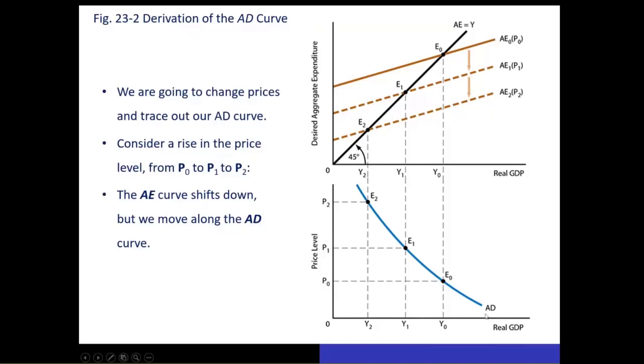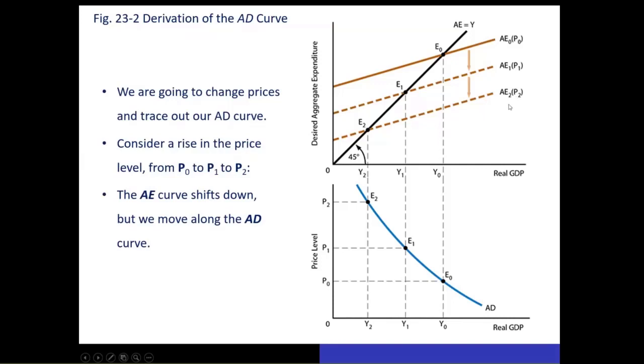When we look at the aggregate demand curve, we have varying price levels and the real GDP in the economy. When we look at the Keynesian cross model, we're typically holding prices constant and changing autonomous spending and then having this shift. So if we think of it shifting for something like investment, we would have all P0s here, but it would be shifting down if, for example, investment spending were falling.